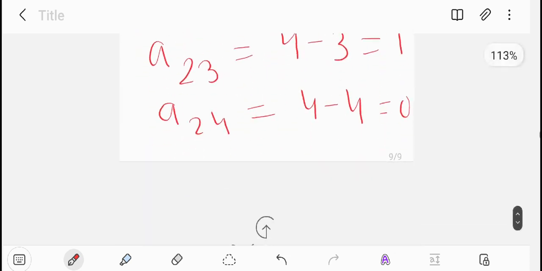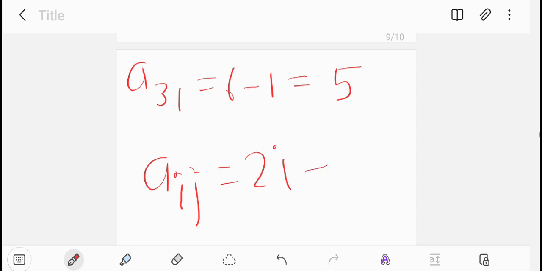Up to where do we have to find? We have to find A34. So A31 is 6 minus 1, which is 5. How am I writing 6 minus 1? Again, by using the given formula. What is my given formula? Aij is 2i minus j.